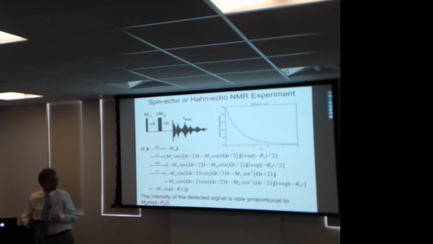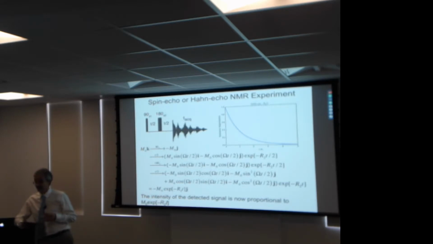This looks like there was no chemical shift evolution during the period t. The magnetization precessed for a total period t, but that evolution was refocused by the 180-degree pulse. So in essence, we turned off the chemical shift at the end of the period t, leaving only the relaxation.